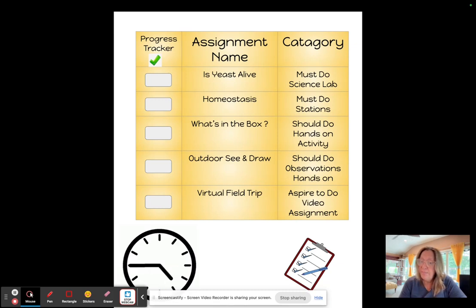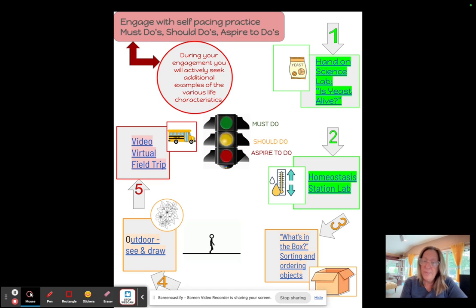Also, you can expect to be called back to my nest to work in small group, and I would expect that these practice assignments are either being completed with a partner of your choice or independently if you so wish. So good luck. Each of the links for the assignments that you see here on this slide have further instructional videos to help you get started on them.